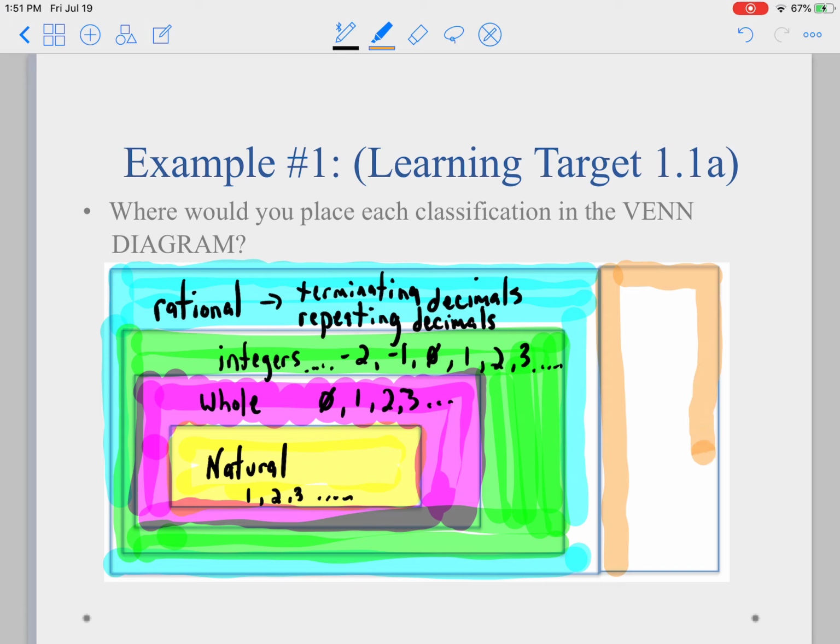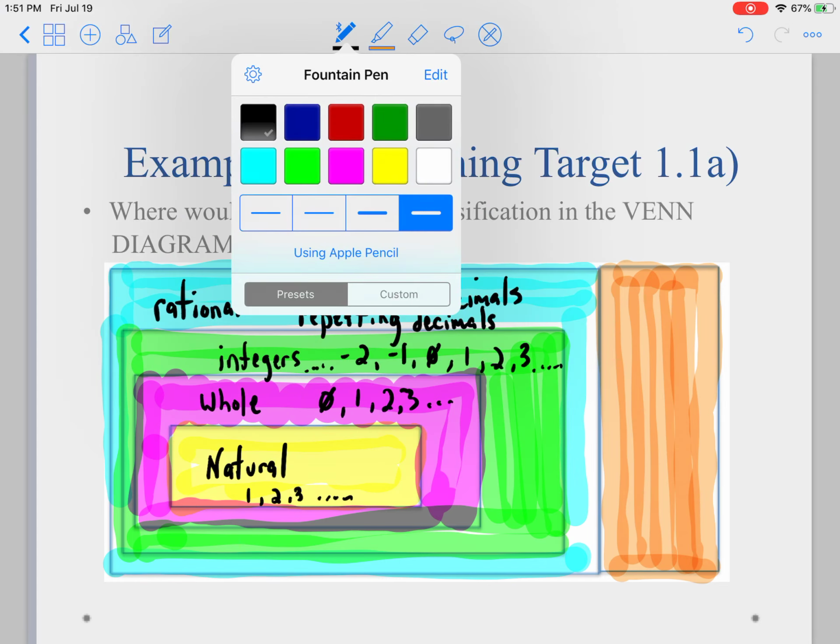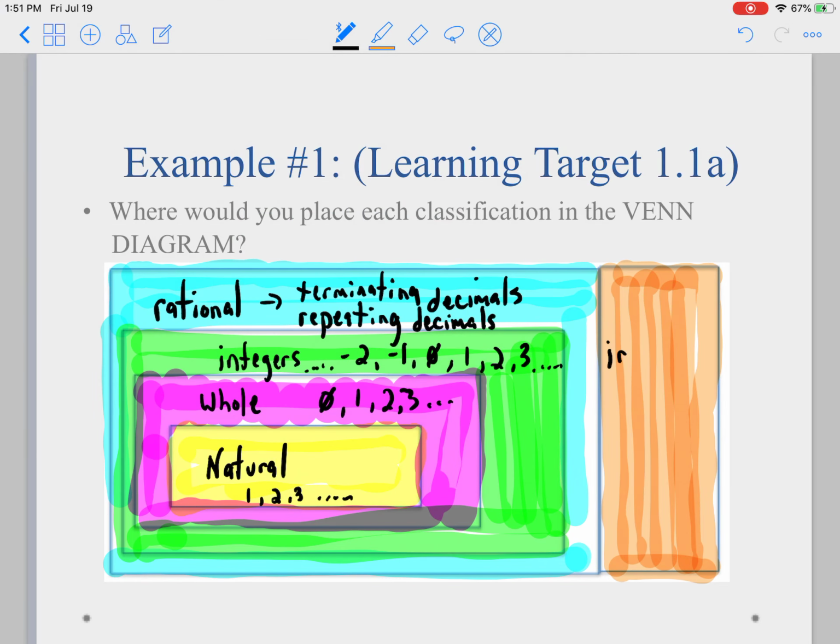We have to distinguish it and set it apart from our other sets because it does not include anything that could be a terminating or repeating decimal, an integer, a whole number, or a natural number. These are our irrational numbers. And again, we gave probably the most famous example of pi, and then any of our non-perfect square roots.